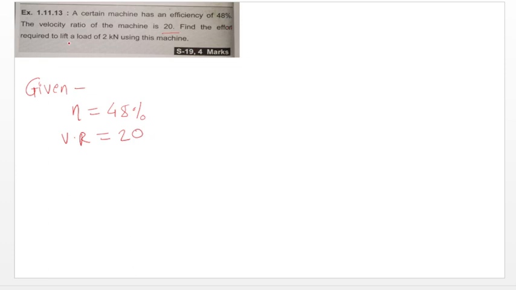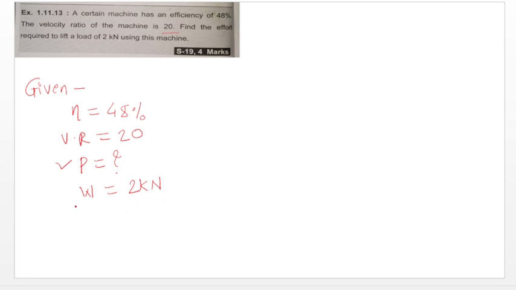Find the effort required to lift a load. Find the effort means P is equal to, required to lift a load. Load means lift, which is given what? 2 kilo Newton using the machine. Now we want to find out obviously the effort required.